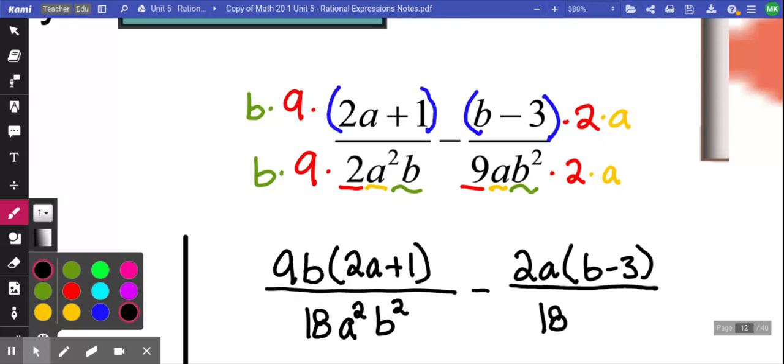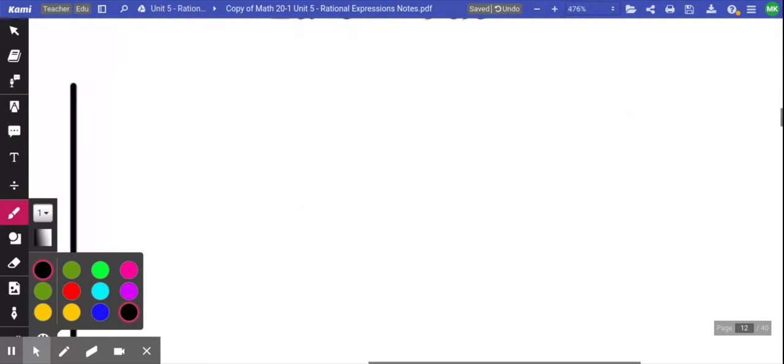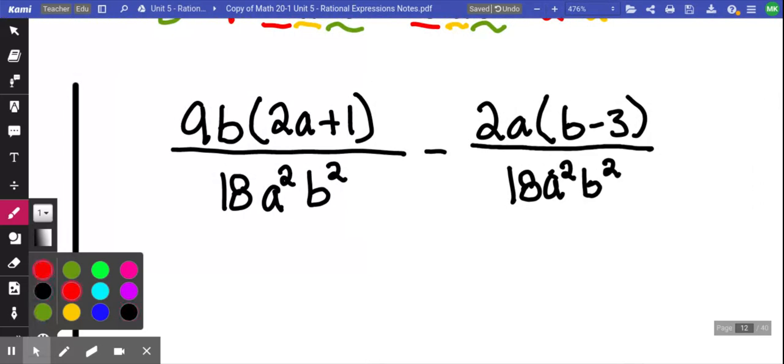And I've successfully gotten a common denominator, which means I can add and subtract the tops, but not until I expand the tops. So when I expand, there's going to be something important about this question versus the previous question. I'm going to take this 9b and expand it in, which is fine. Now that's going to work out just perfect.